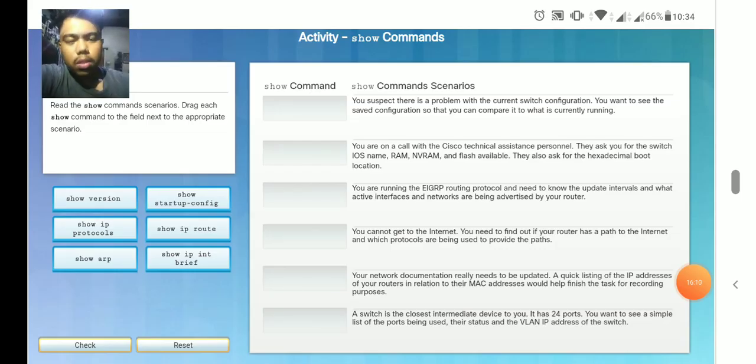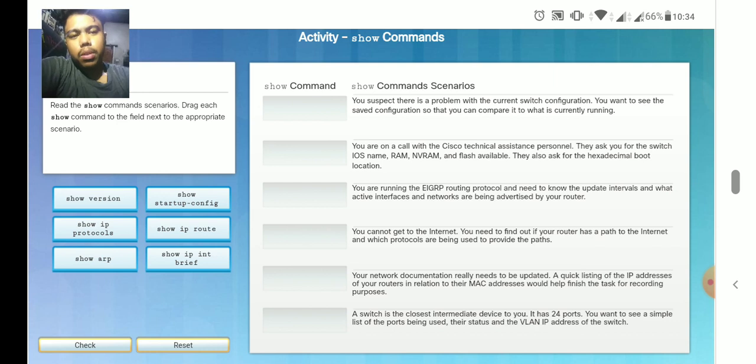Okay, let's continue with our third activity. In this activity we have the show commands, the different commands used to maintain the cleanliness and worthiness of your workstation in your field and with a Cisco certificate.